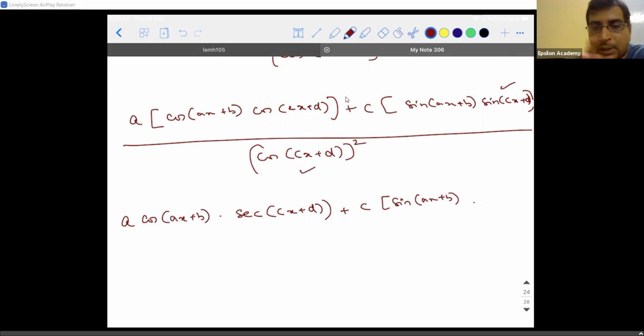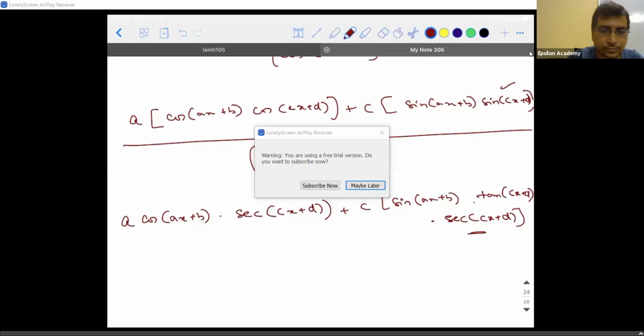One of these squares I am combining it with sin. So I'll get it as tan of cx plus d into secant of cx plus d. If somebody has a textbook, please check how they have given the answer. Anything should be right.